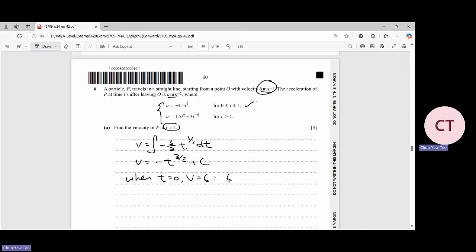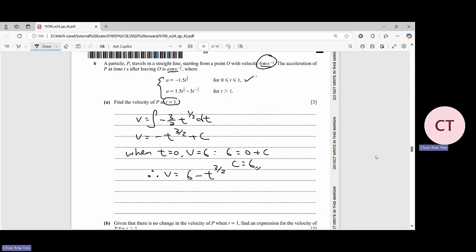So 6 equals 0 plus C, so C equals 6. Then v equals 6 minus t to the power 3 over 2. When t equals 1, v is equal to 5. Done for question 6A.